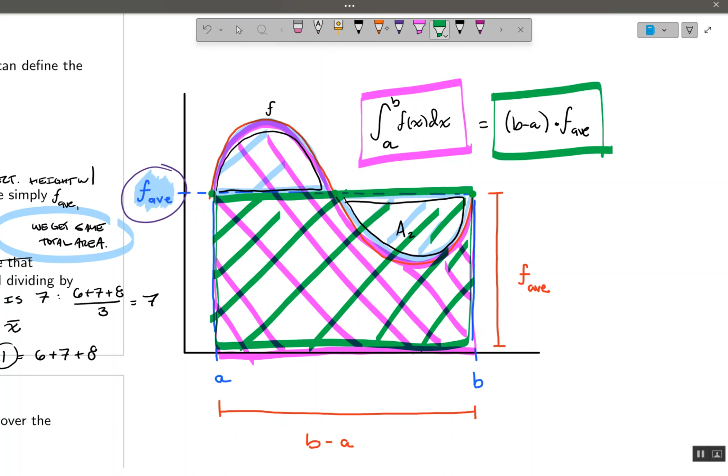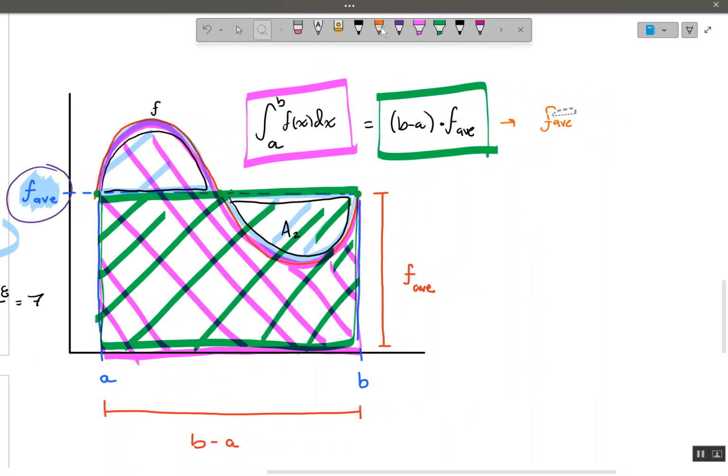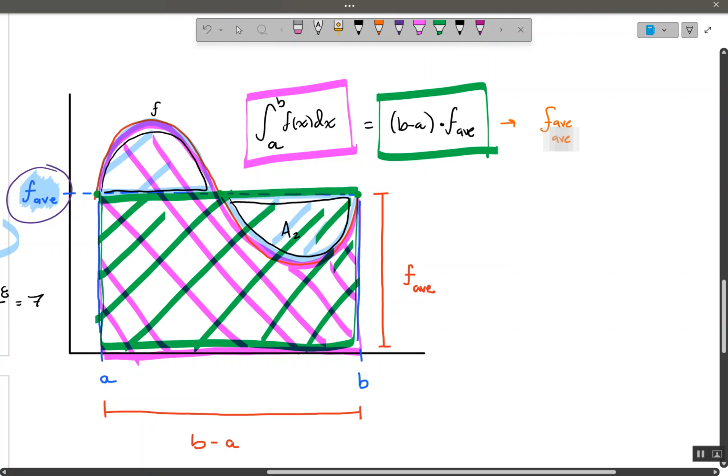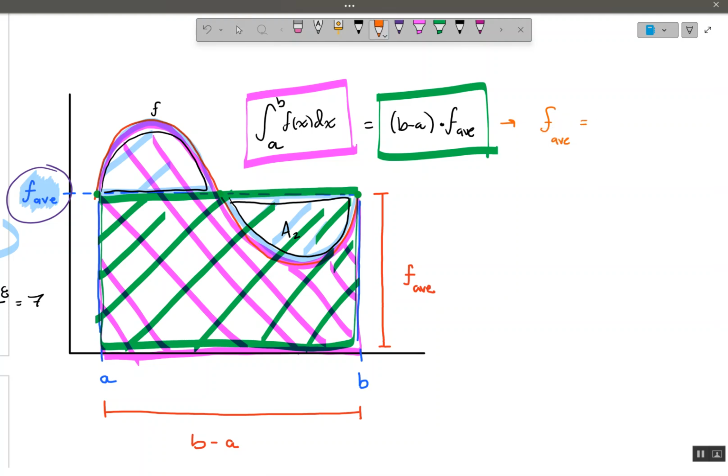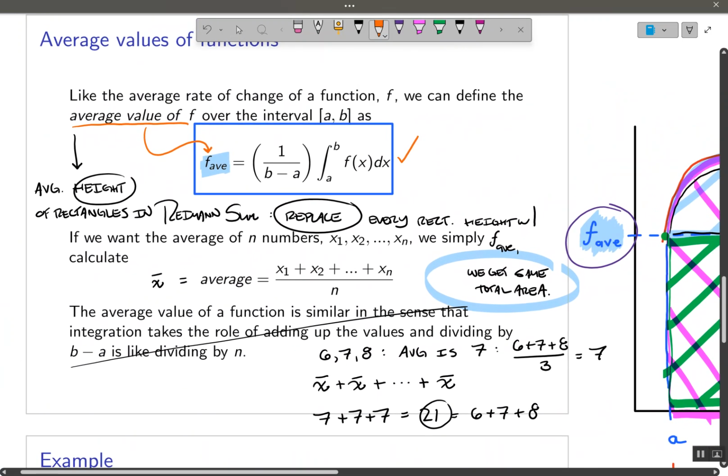If we want to get f average by itself, the average function output is equal to this integral divided by b minus a, which is the formula that we have over here on the slide.